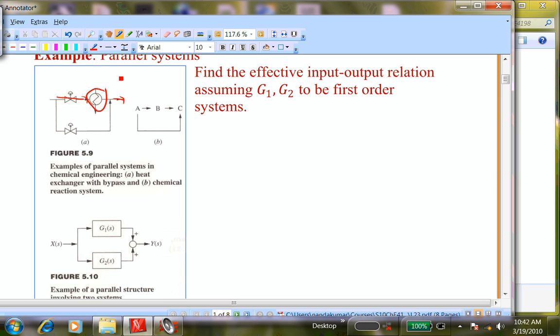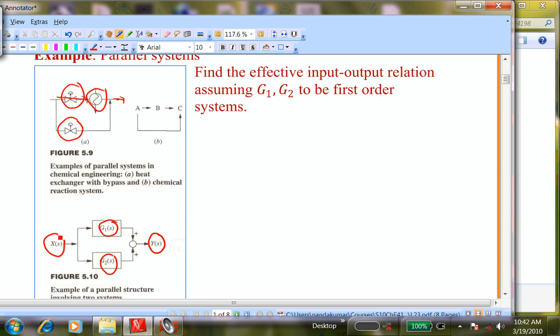But when you want to control the flow over a fairly wide range, it's common to have a bypass valve. So we're just looking at these 2 transfer functions, a main valve and the bypass valve. If I have the transfer function for those as G1 and G2, they are essentially acting in parallel. And the question is, what is the relationship between the output Y and the input X?